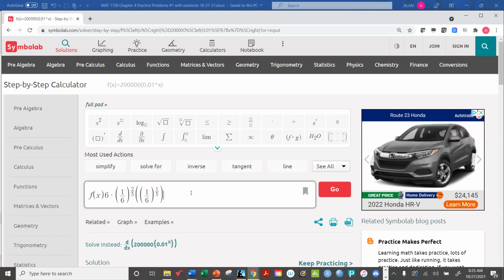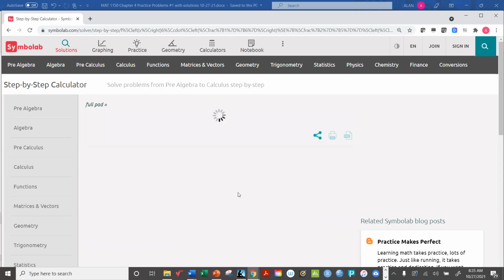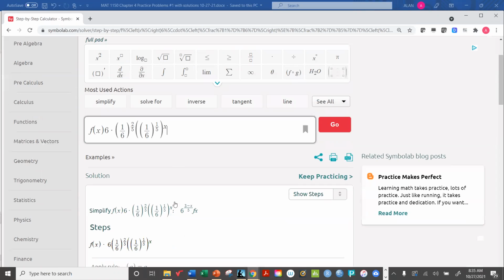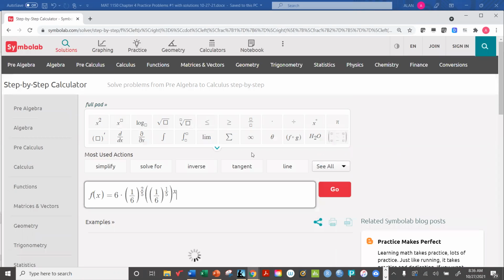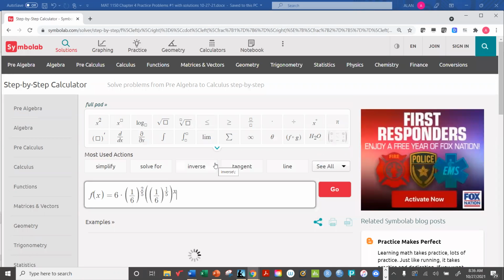And then the exponential here. All right, that should do it. Oh, I did something wrong. Sorry. There we go. I confused it for a minute there.